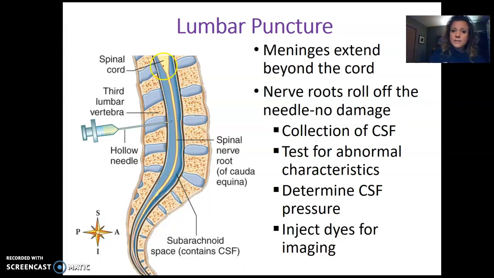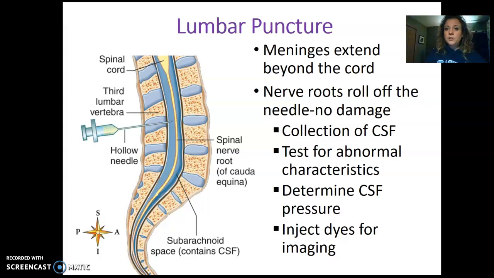Now, the reason why is because this is the end of the spinal cord, and then it starts to branch off into nerve-like extensions. And so if a needle were to go through, it would just push aside those fibers without damaging them at all. And so that's why this works.